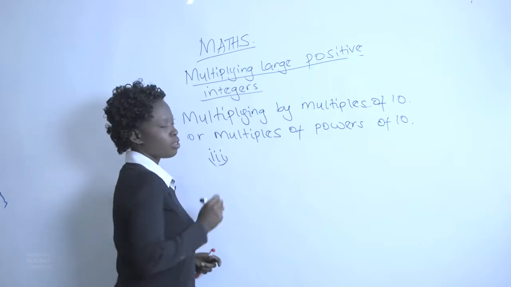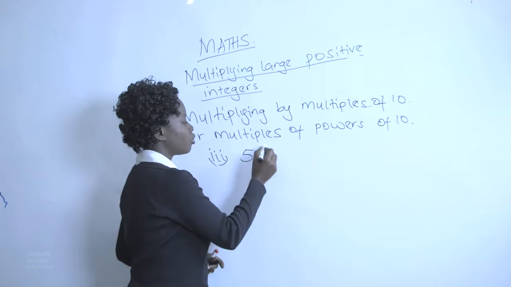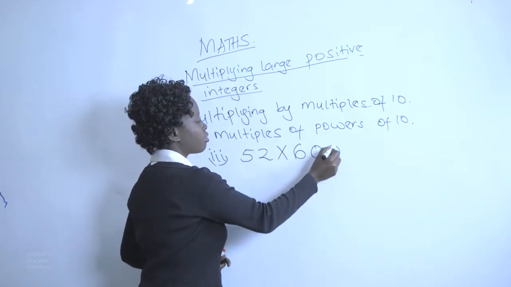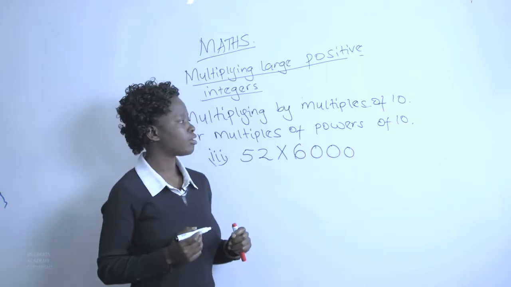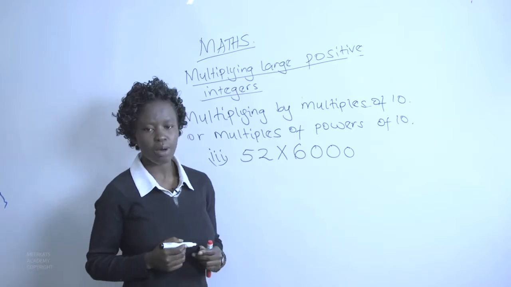Example 3. We have 52 multiplied by 6,000. 6,000 is a multiple of 1,000, and 1,000 is also a power of 10.